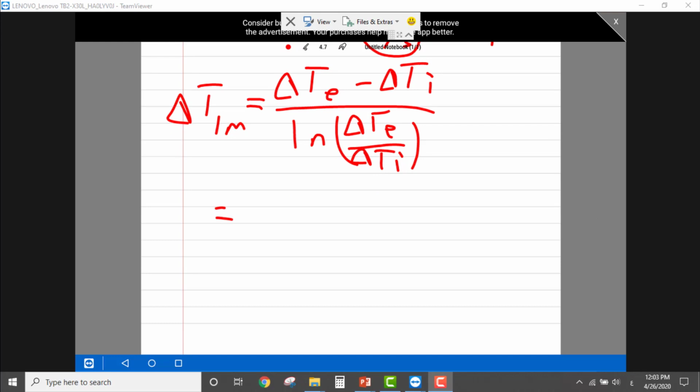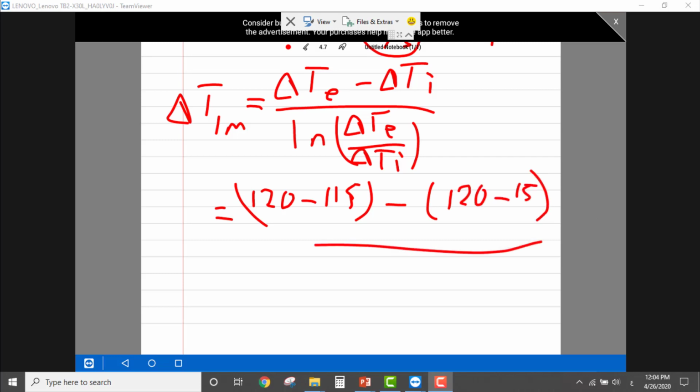And this is equal to delta T exit, which is T surface 120 minus T exit, which is 115, minus delta T inlet, which is 120 T surface minus T inlet, which is 15, divided by ln, the same. I'll repeat the same. So this is 120 minus 115, this is 5, divided by 120 minus 15, this is 105.